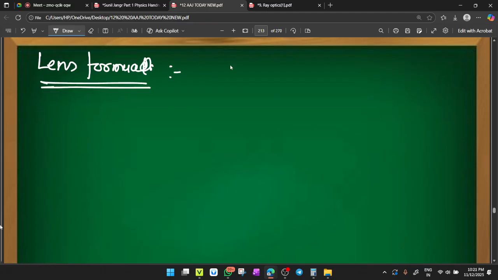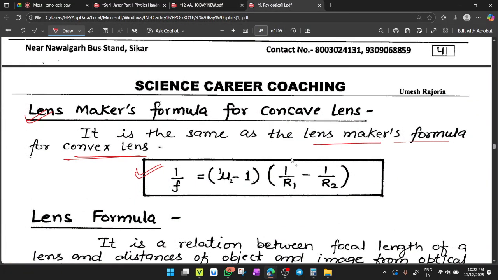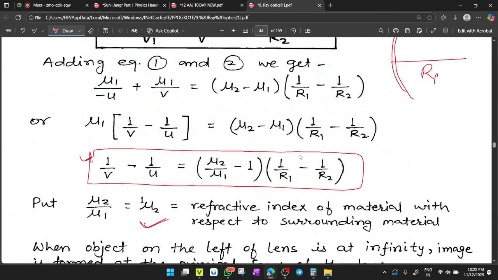So now we are going to derive the lens formula. By that complete derivation from start to end, we got 1 upon V minus 1 upon U equals mu 2 upon mu 1 minus 1, 1 upon R1 minus 1 upon R2.